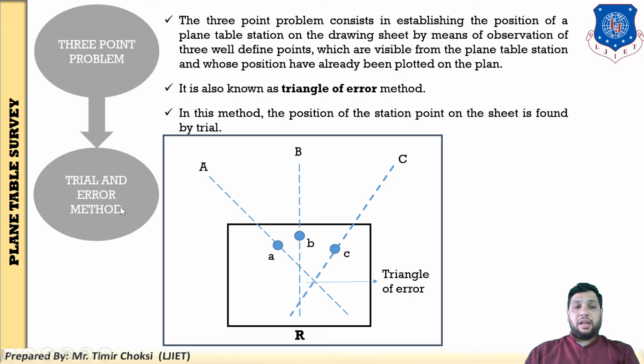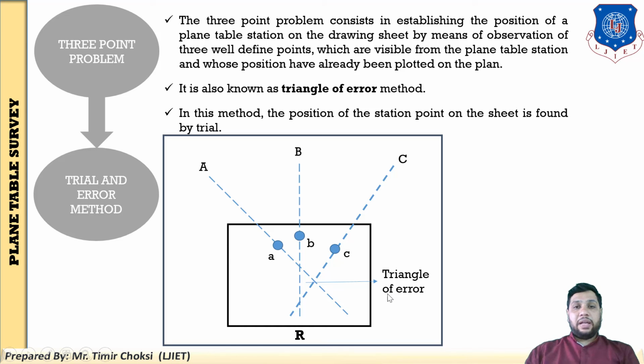Now how to solve it? With trial and error, you set up the plane table at different locations. You take the plane table, with orientation at a different location, till the lines A, B and C coincide with each other.